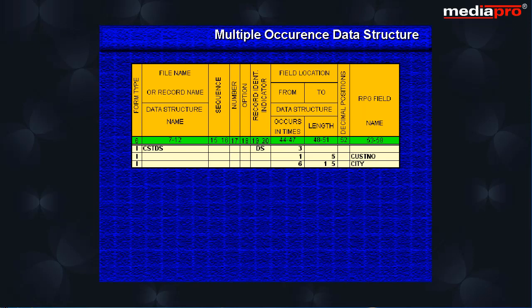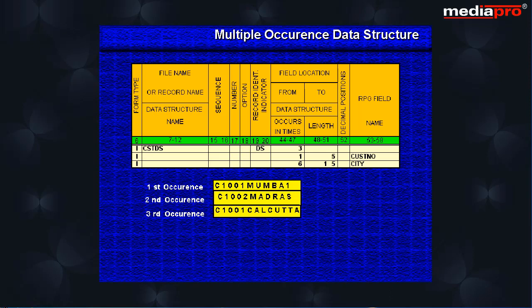A multiple occurrence data structure is defined by specifying the number of occurrences in positions 44 to 47 of the line on which the data structure is defined. The first data structure in the group has occurrence 1, the second has occurrence 2, and so on.